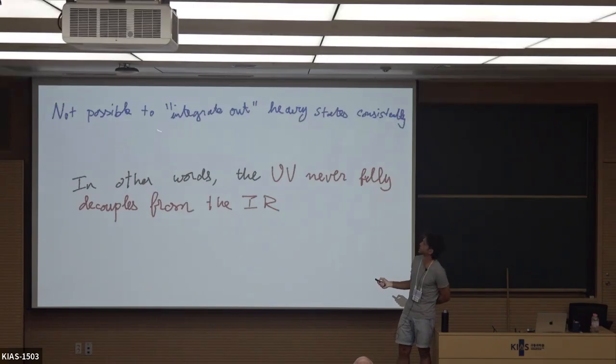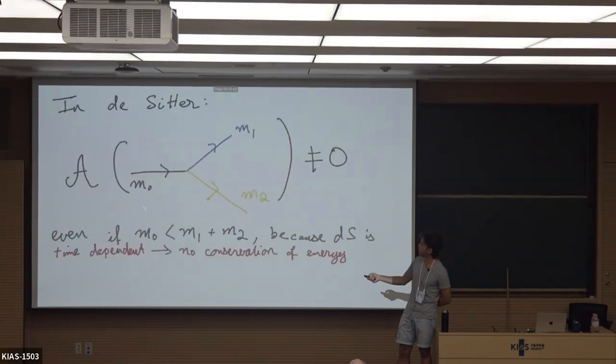The consequence of this is it's never possible to fully integrate out heavy states in a QFT, because the UV never fully decouples from the IR. If I start with some low energy state, I can always populate higher energy states in de Sitter as I time evolve, because the Hamiltonian is time dependent.